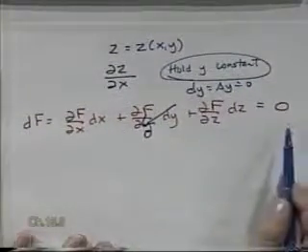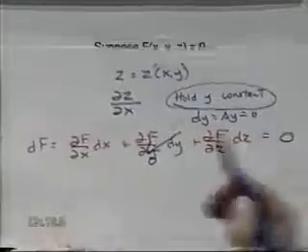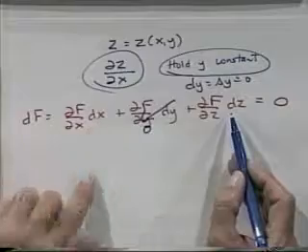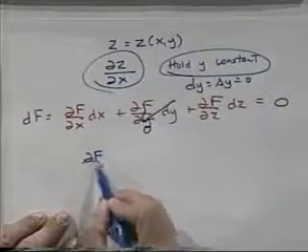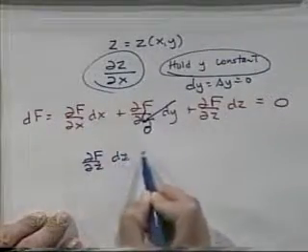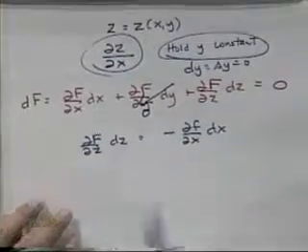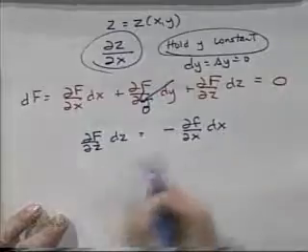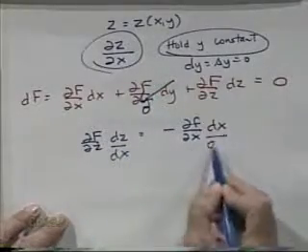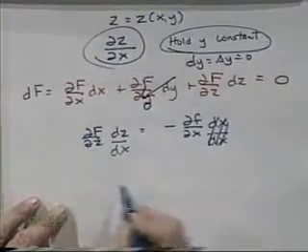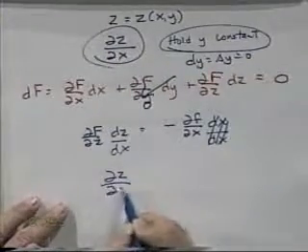So with this lovely little equation here, if they wanted to know the partial of z with respect to x, well, let's get dz and dx over each other. So I'll have partial of f with respect to z dz is equal to minus partial of f with respect to x dx. Now, since I want dz dx, I'm going to divide by dx on both sides. So they're gone. And I'll divide by partial of f with respect to z on both sides.